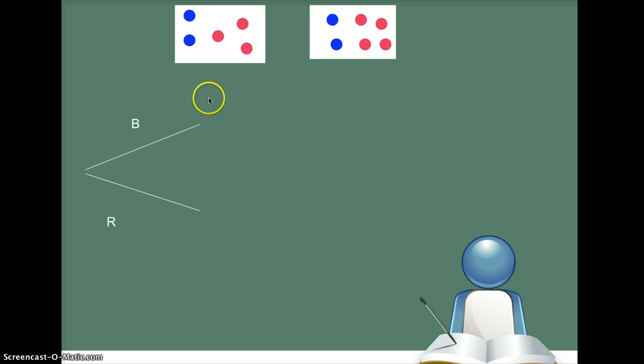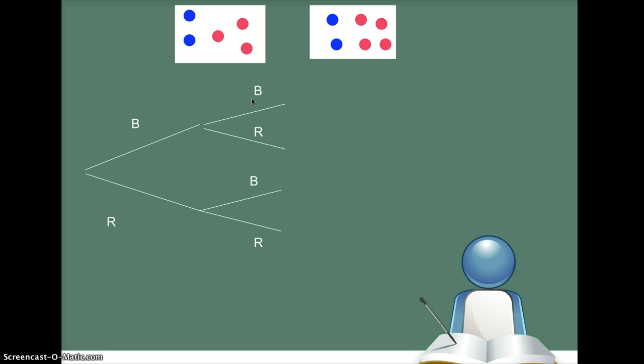And then the next one is for the second bag. So we'll have the branches there. So we're listing the possible outcomes here for the tree diagram. No probabilities yet. The top is blue, the below one is red, blue, and then red.